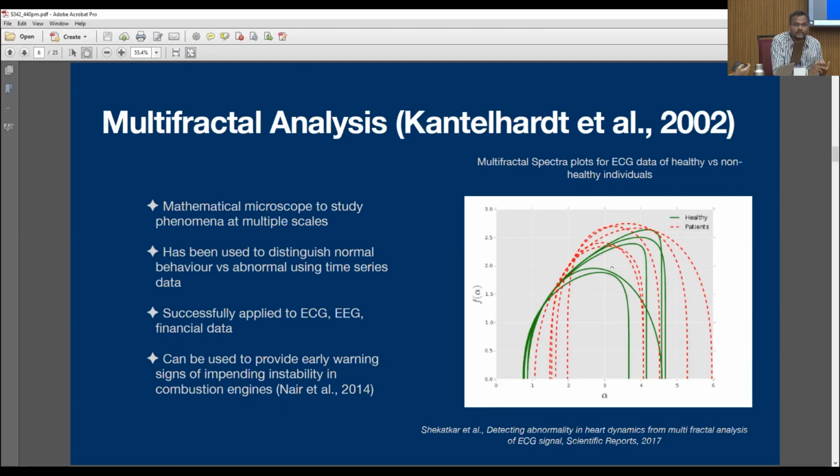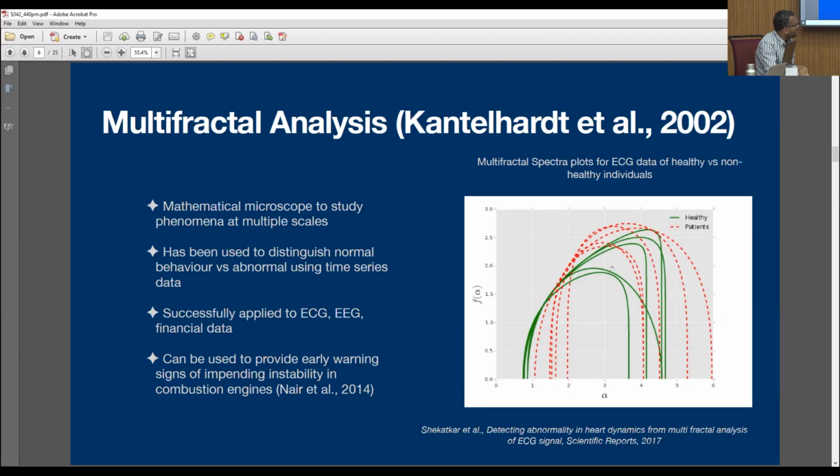It's also been used to predict financial crashes. And in a lot of other cases, for example the last one, you are able to predict a combustion instability before it even sets in, looking at the collapse in the multifractal spectrum. This is a big deal, because it's a $1 billion industry to be able to predict the instability even before it occurs and damages your components.